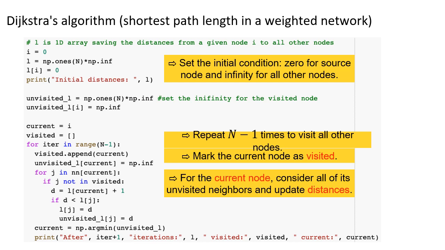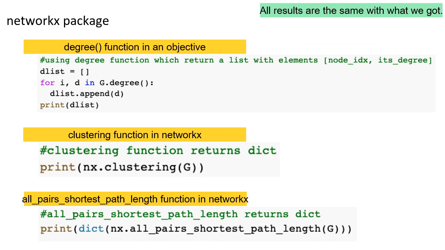Here I explain the meaning of each command. You can also use the NetworkX package. That is easier. You can use the clustering command or the shortest path length command. You can get the shortest path between two nodes.